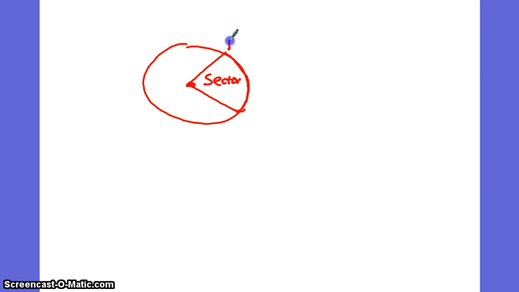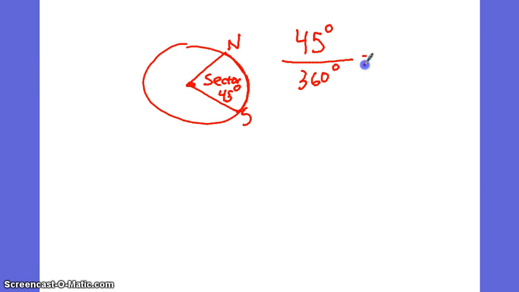If I label this point N and this point S, if I took my protractor, I could determine, say this is a 45-degree angle. I could determine what fraction of the circle that sector is by making a ratio, 45 degrees over a whole circle, 360 degrees. If I were to reduce that, I would come down to 1/8.